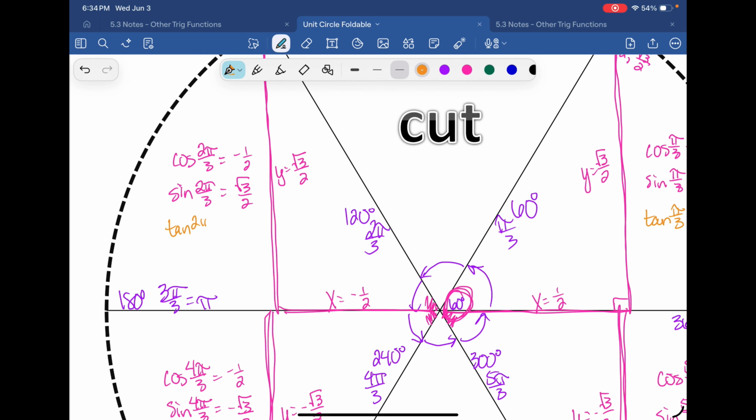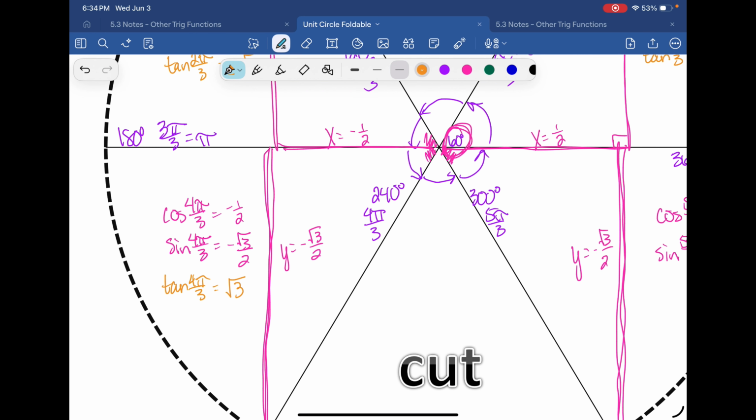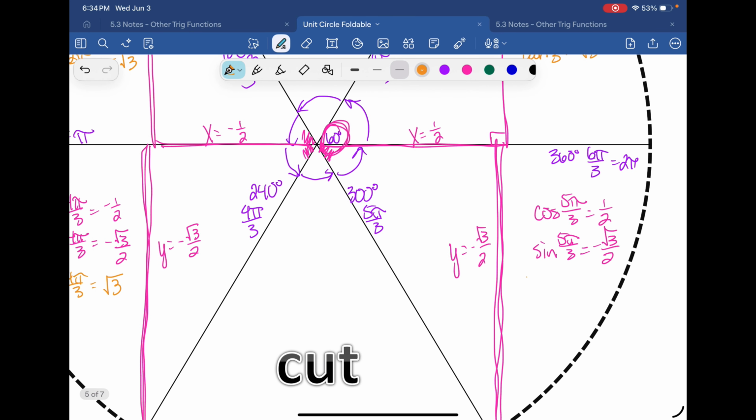Tangent 2 pi over 3. Okay, the only thing that's positive in quadrant 2 is sine. So this is going to be negative root 3. Tangent 4 pi over 3. Okay, tangent is positive in quadrant 3. And then we have tangent 5 pi over 3. Tangent is negative in that quadrant.